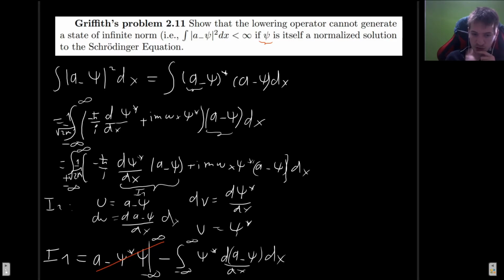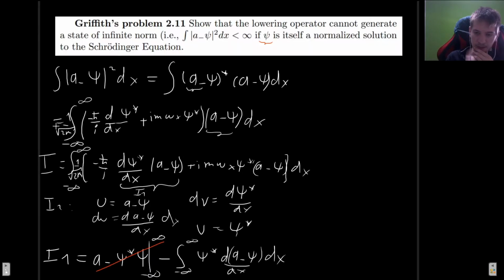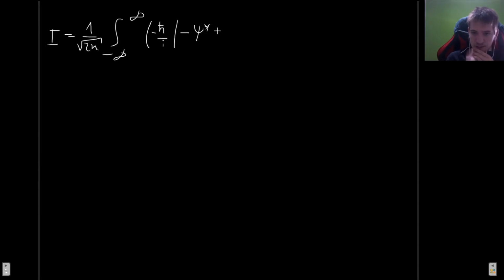So what I'm going to do is just go to the next page and plug it into this initial integral. So what we had was the integral 1 over square root of 2m from minus infinity to infinity. And this first term, we had this minus h bar divided by i, and now comes the result that we just got, which was minus psi conjugate d A minus psi dx.